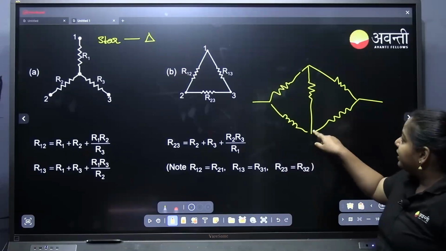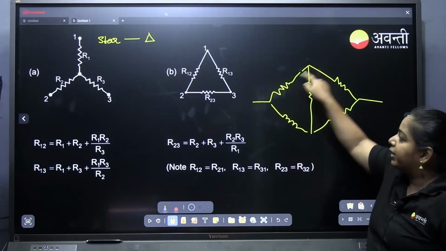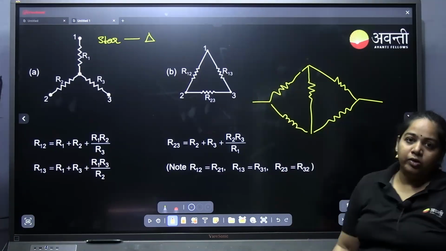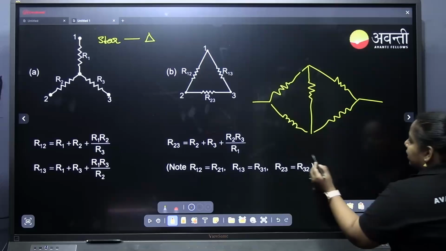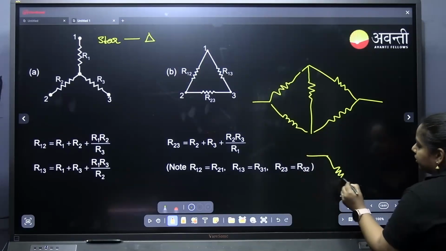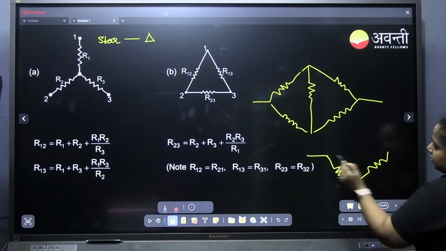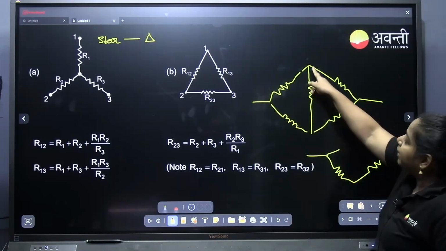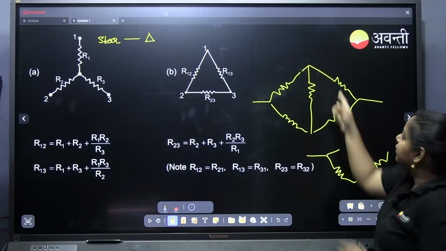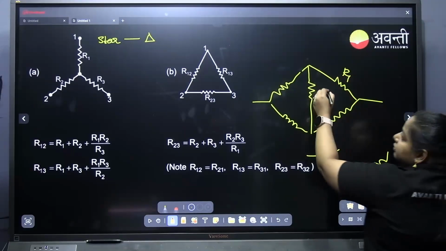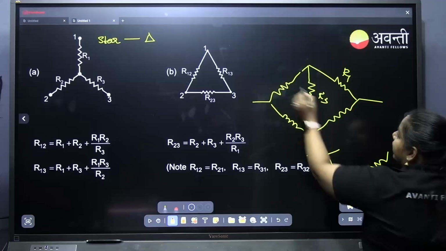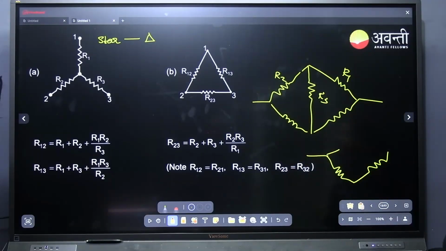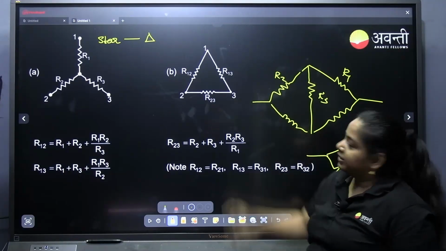Okay, if you find a star point, from this point 3 are coming, so this is a star point, you can convert that to delta. How you can convert? It will become like this. So this one I am considering as star. This will be R1, this will be R3 and this will be R2. Okay, in such case you can convert it like this.